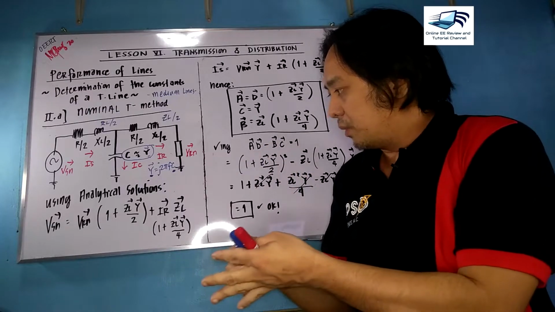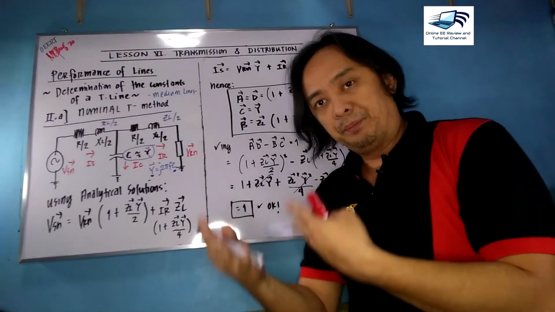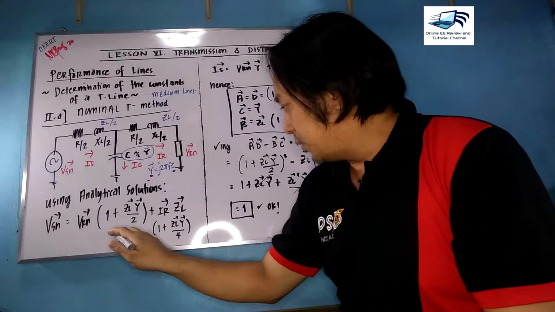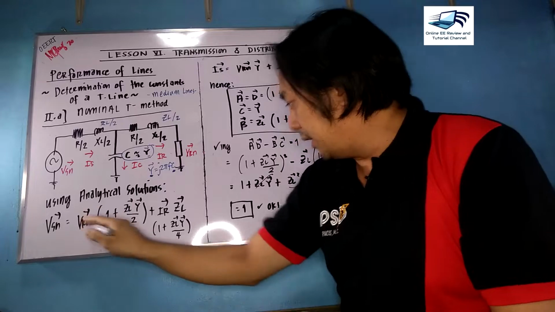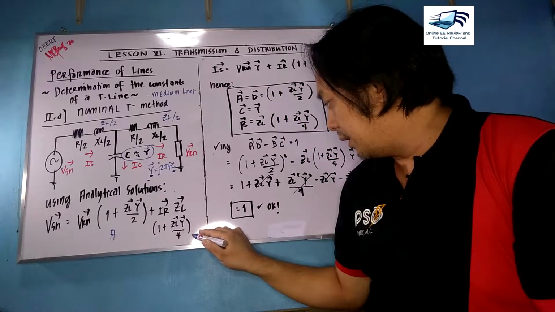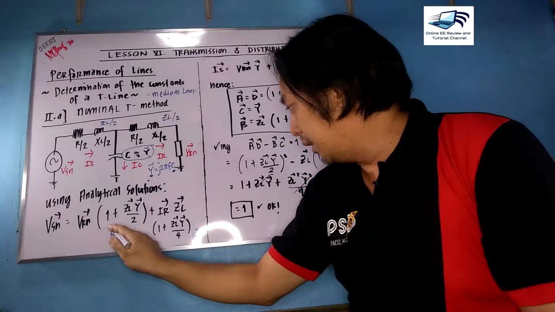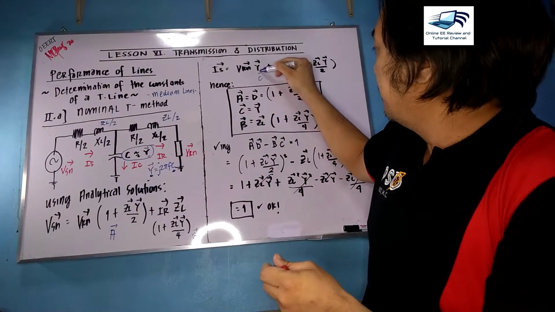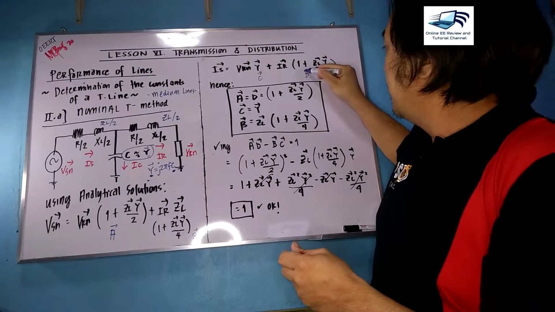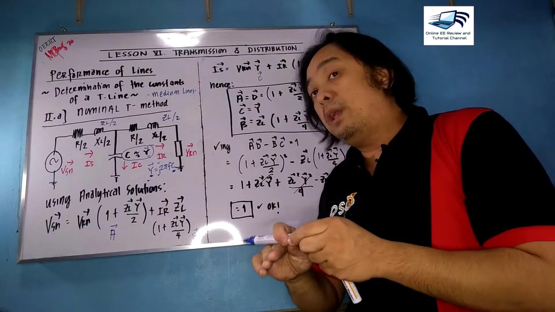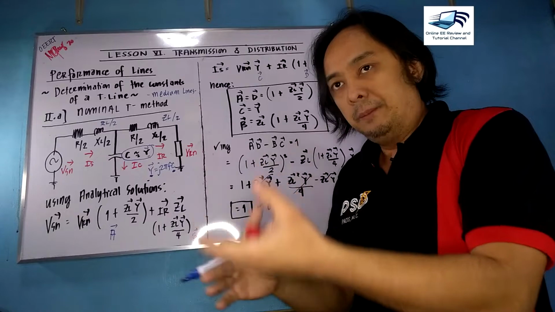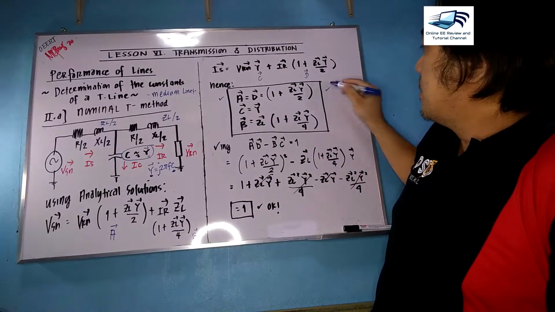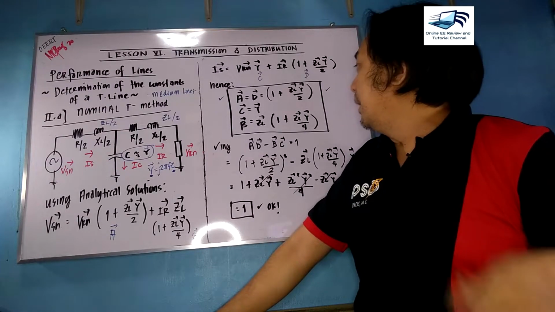If you can still recall what we have done on your short line, this one is your A constant, A times VR, and then this is your B constant, which is B times IR. Then you have your C, and you have your D. If we correlate these formulas, A is equal to D, hence we have 1 plus ZLY all over 2.